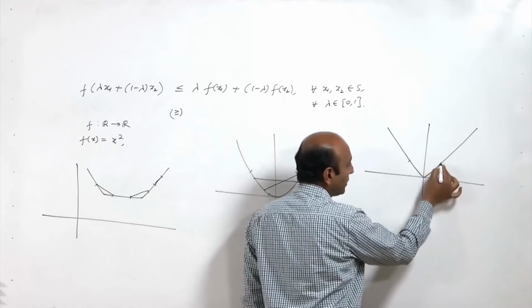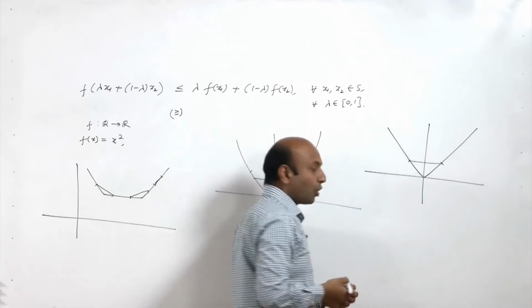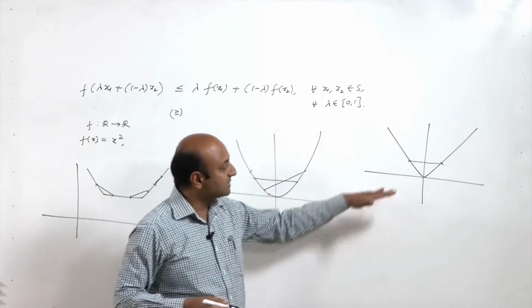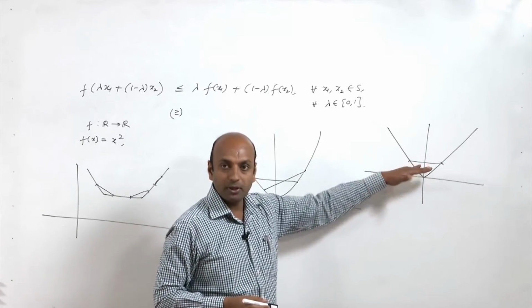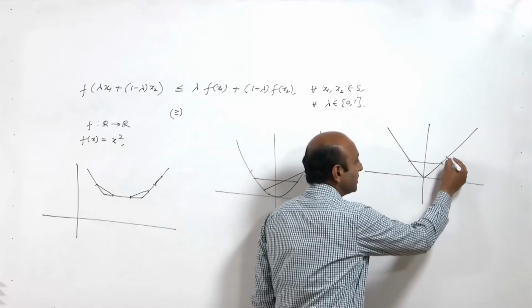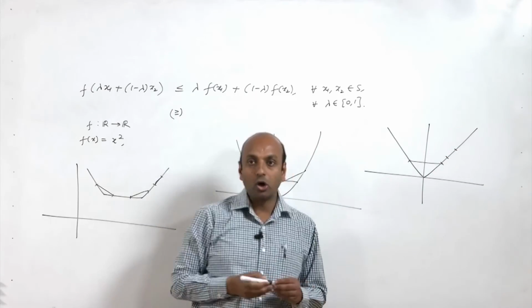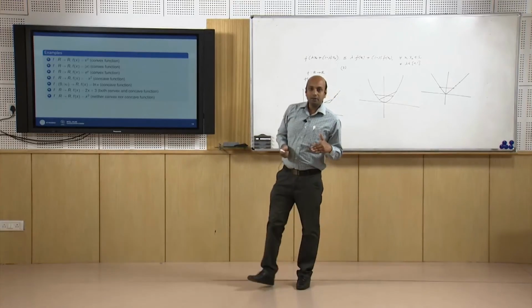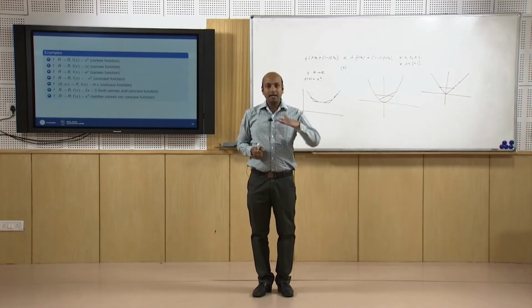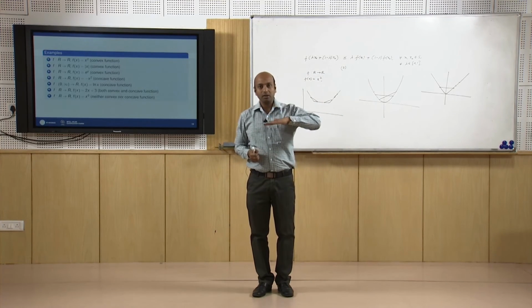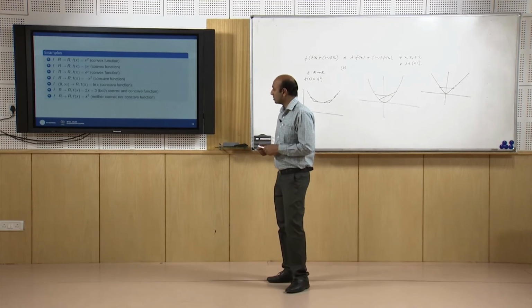You take any 2 arbitrary points on the curve, the chord joining those 2 points always lies above the curve. You take 2 points here, it is on the curve. So the chord joining any 2 points lies either above the curve or on the curve. So that means it is a convex function.